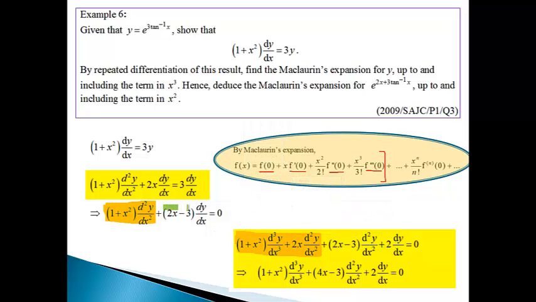And the second term here is a product of 2x minus 3 and dy dx. After differentiating with respect to x, this is what we will get.